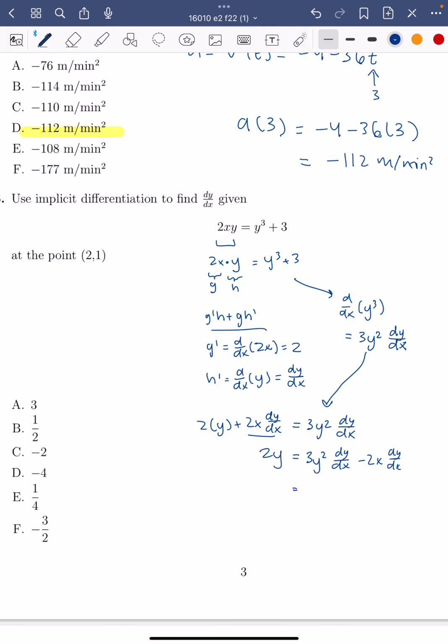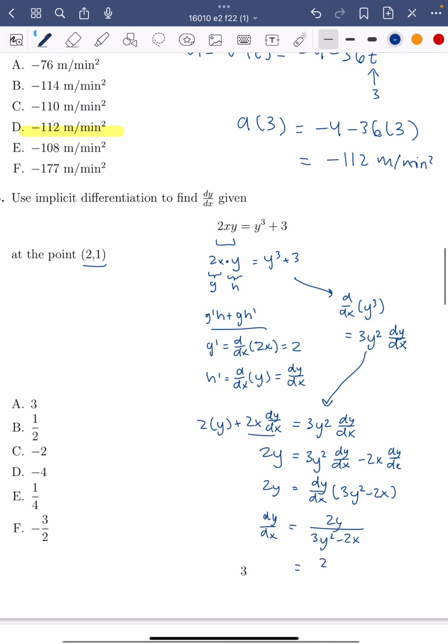Now, let's go ahead and pull out the like term, which is the dy/dx. So dy/dx times (3y squared minus 2x) equals 2y. If we divide it out, we get that dy/dx equals 2y over (3y squared minus 2x). Now, this question asks us to find it at the point (2, 1), so all we need to do is plug in 2 for x and 1 for y.